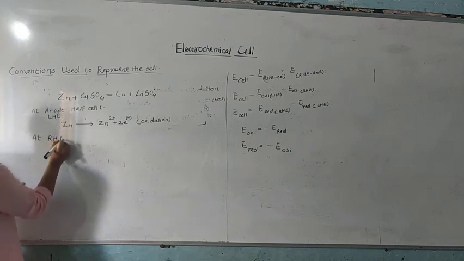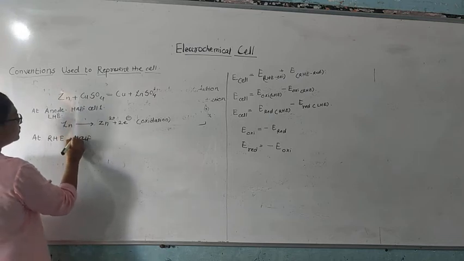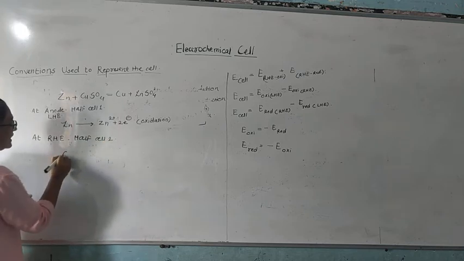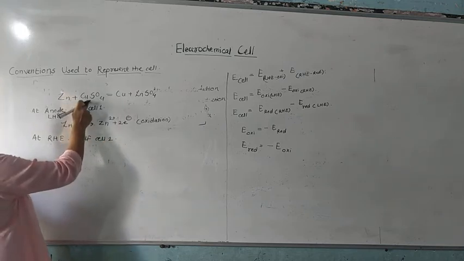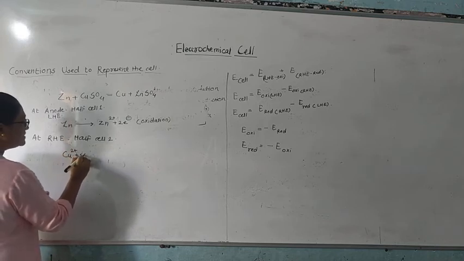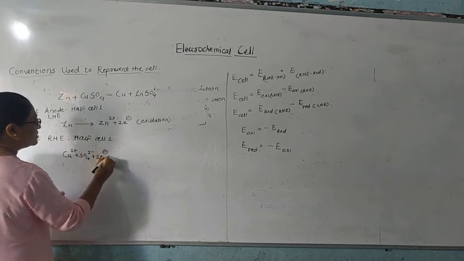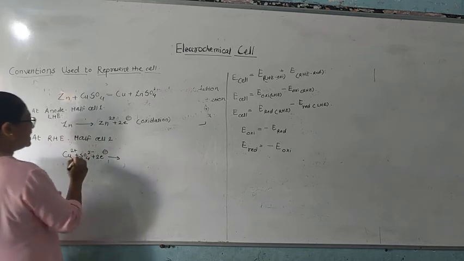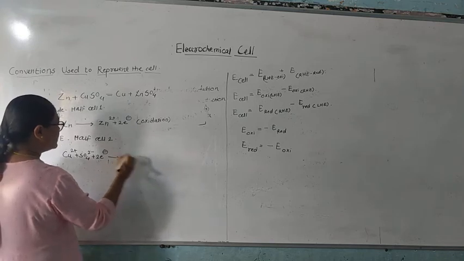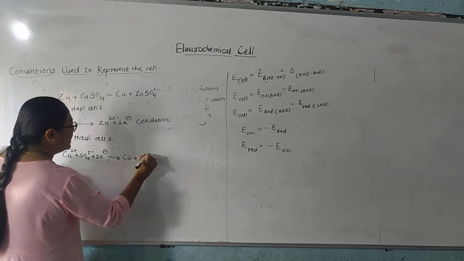At RHE, or at the cathode, that is half cell 2, the reaction that is occurring is, obviously here copper is in a 2 plus oxidation state, right? So copper 2 plus, this SO4 2 minus, plus 2 electrons. This copper will take these 2 electrons and will form elemental copper plus SO4 2 minus as it is.